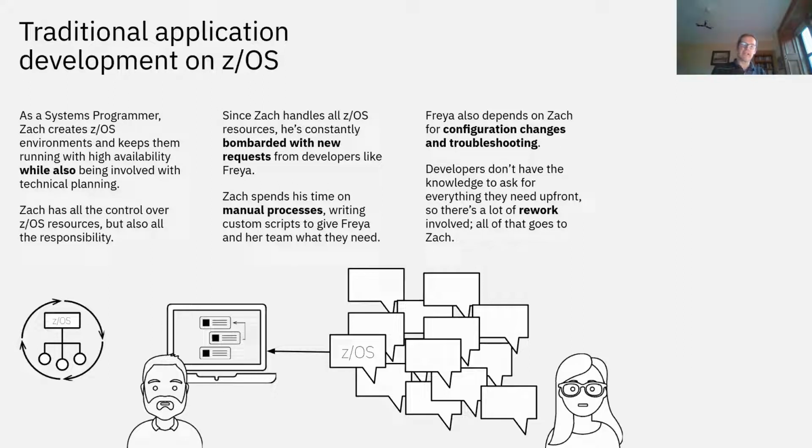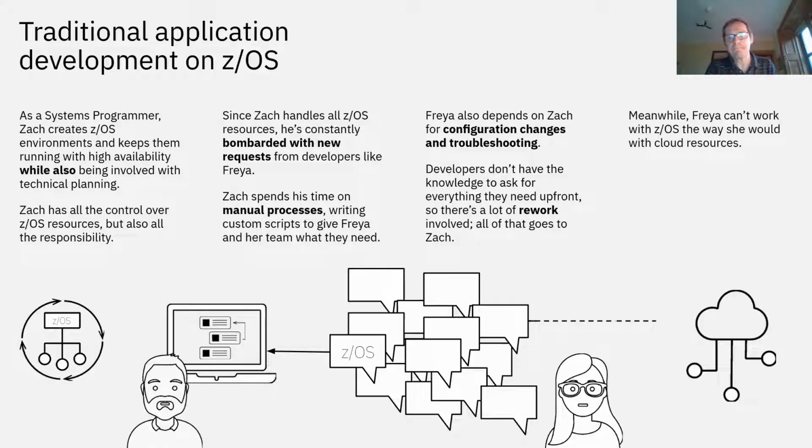Zach is often too busy to answer her questions, and when he does ask her questions, she often doesn't know the answer. And it really puts her off developing applications for the mainframe. She can't work with the mainframe in the same way she works with other platforms. I don't know how familiar that scenario is to you.